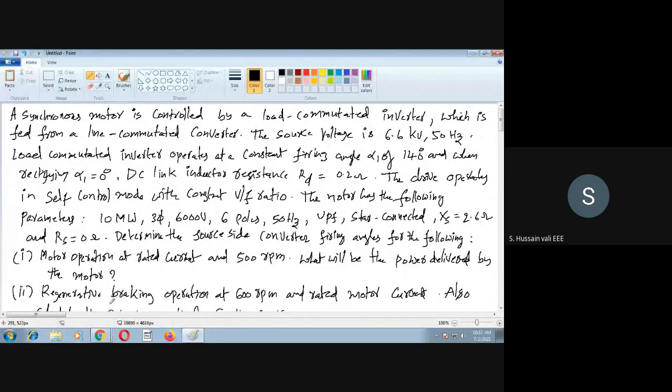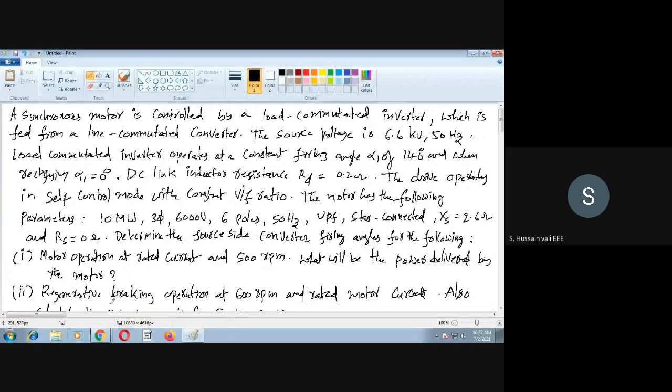A few things you must understand here. What is the data he has given? Based upon the data, we have to find out.